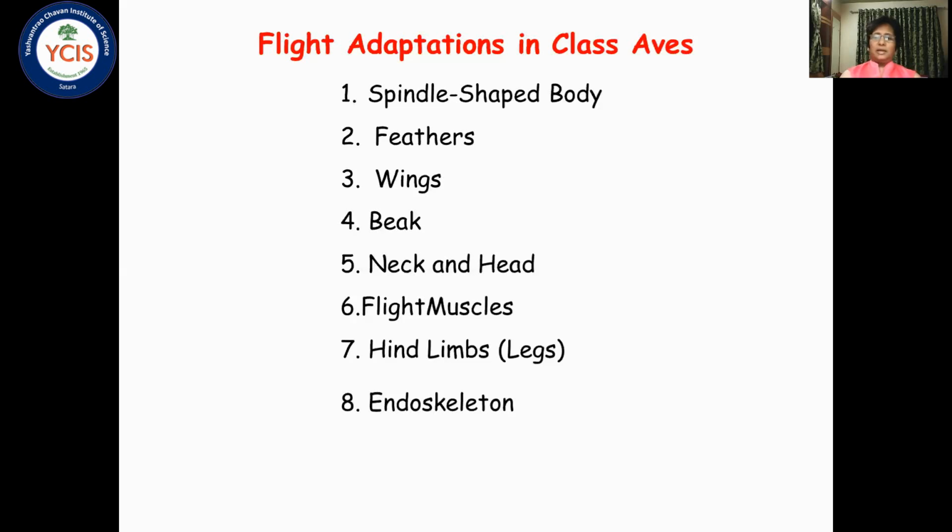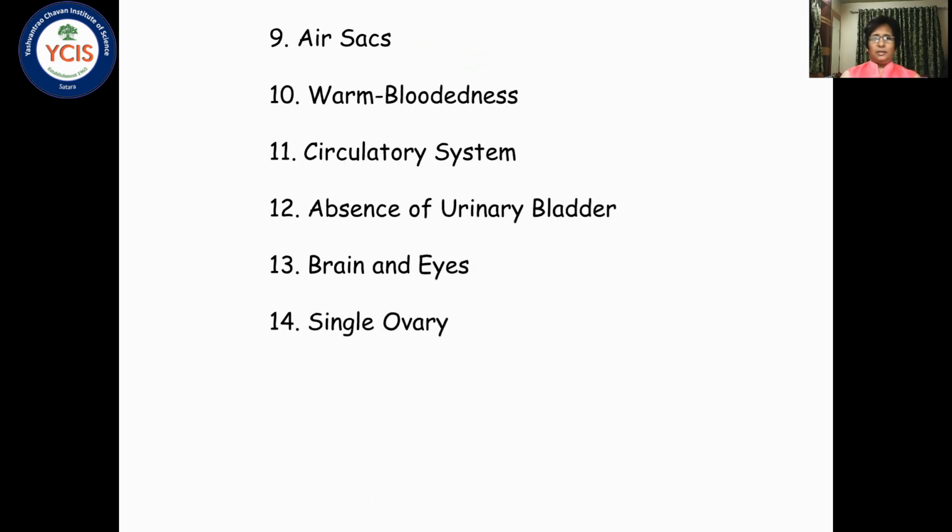And the next one is the endoskeleton. Most of the bones in the bird are pneumatic and filled with air instead of bone marrow. Because of that, the body becomes light, and most of the bones are firmly fused for the flight mechanism.